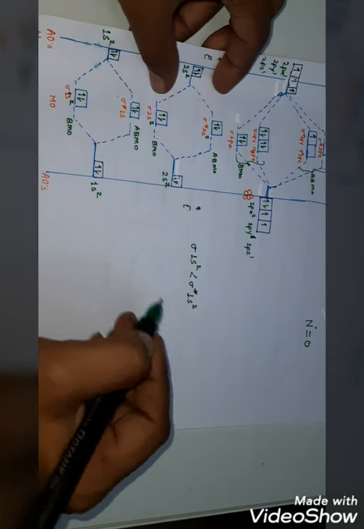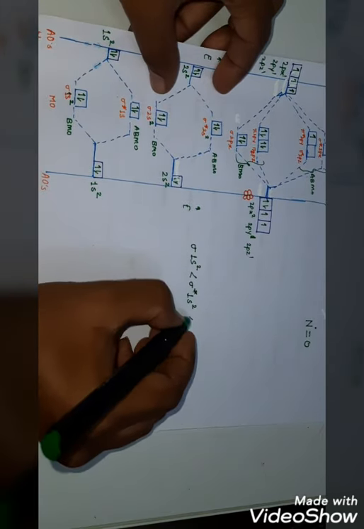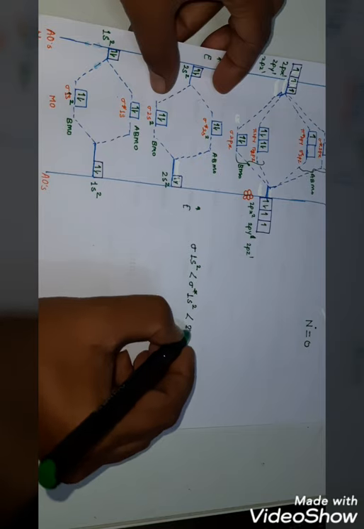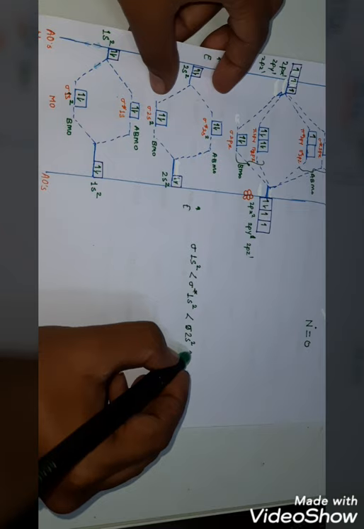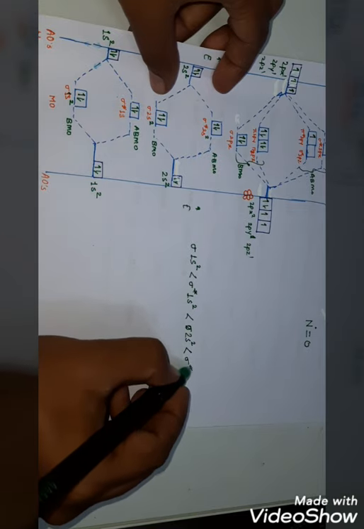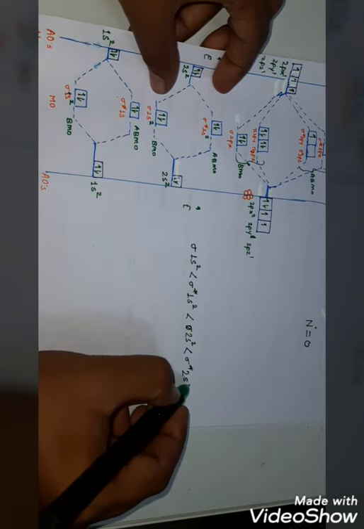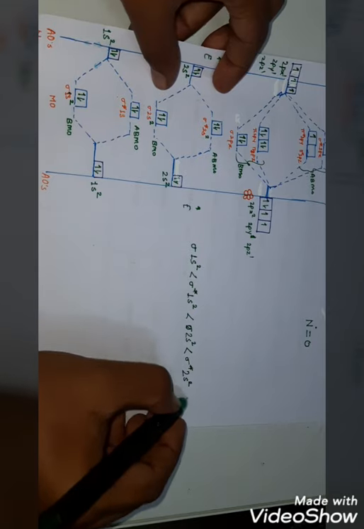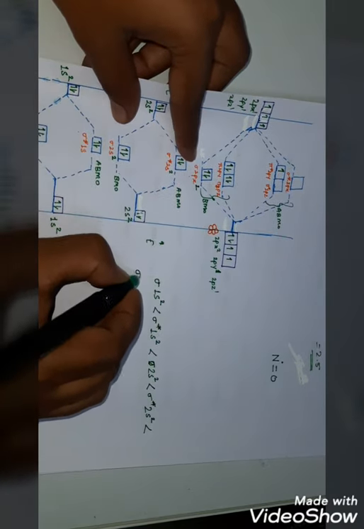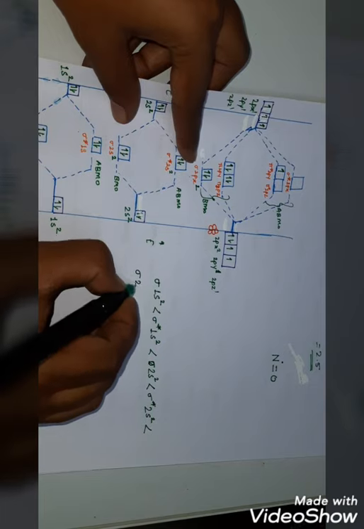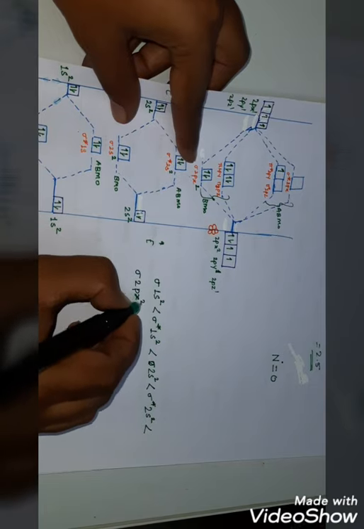After that, more energetic is sigma 2s2, then sigma star 2s2. Then sigma 2px2.